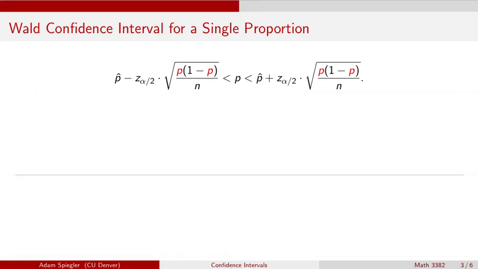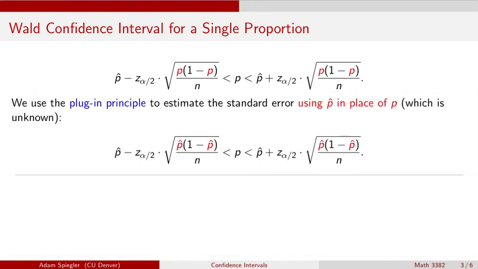But we're going to do the typical thing, which is we are going to use the plug-in principle, which says, well, if I don't know what p is, let me calculate the corresponding statistic from our sample, which would be the sample proportion p hat. And I'm going to use that in place of p in my formula over here.